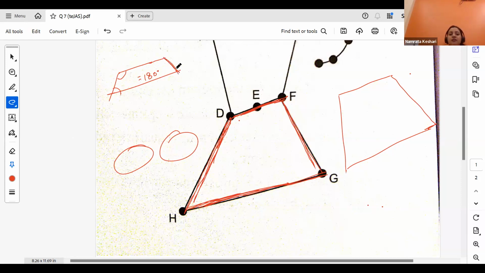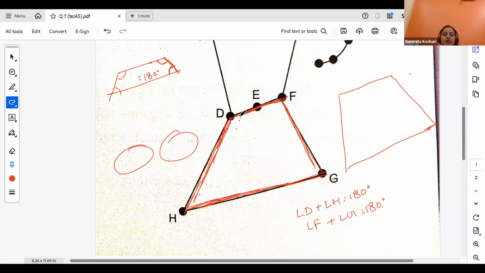We were discussing it in trapezium that the sum of angle D and angle H is 180. Sum of angle F and angle G is 180. So what I'm trying to write: angle D plus angle H is equal to 180. Co-interior angles, or interior angles on the same side. Similarly, angle F plus angle G is equal to 180. Co-interior angles, or interior angles on the same side.